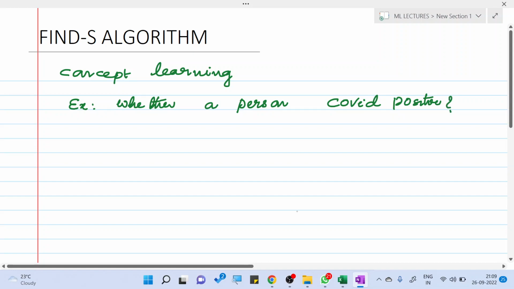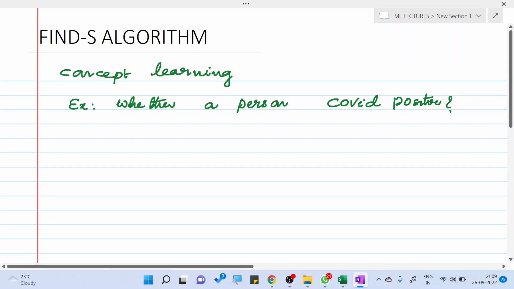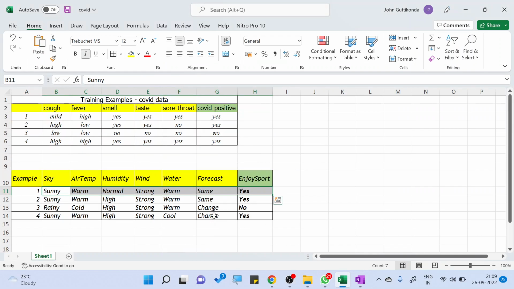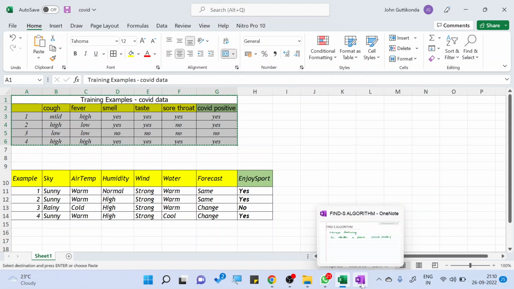This is the concept we want to learn, and we have seen that in the definition of hypothesis we need at least limited data to propose a hypothesis. So let me take some sample data which is having 4 training examples.